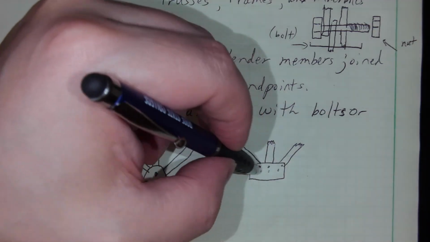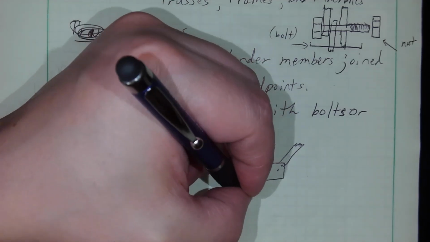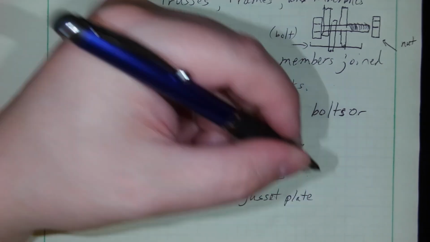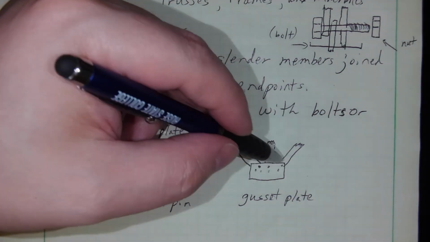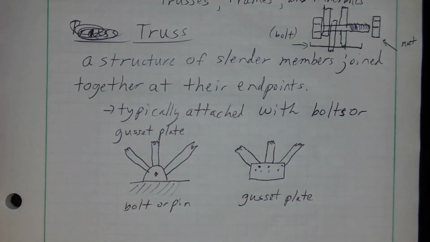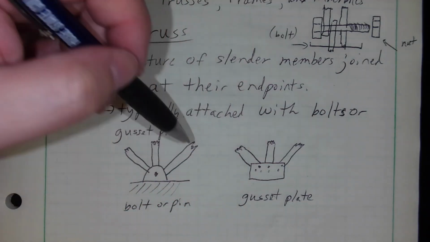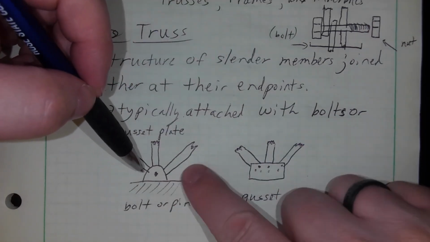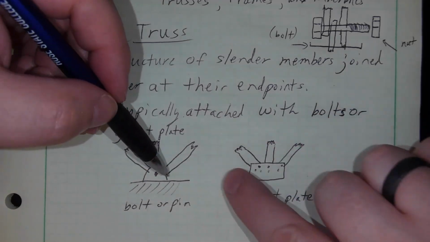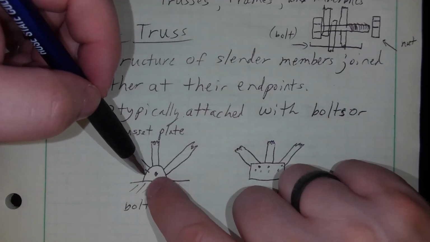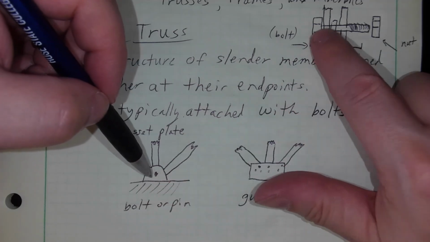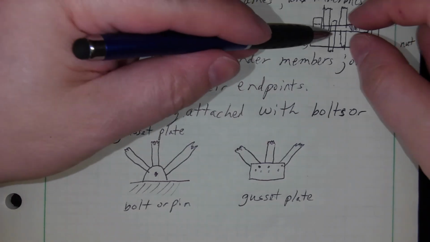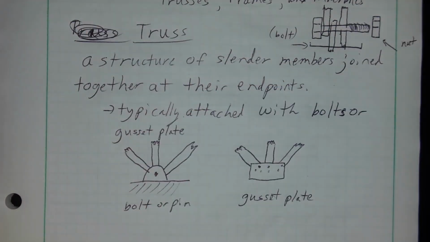Basically this is a gusset plate. These plates would attach these members together somehow. This is a very terrible drawing of looking from the side. I'm seeing the bolt here, and behind you would have a nut, and you would tighten these down to sandwich all these things together.